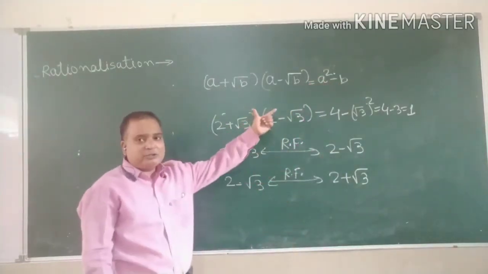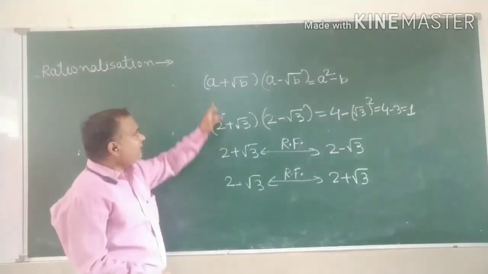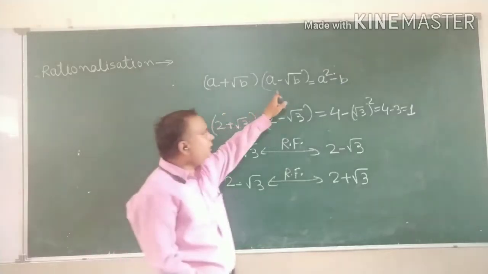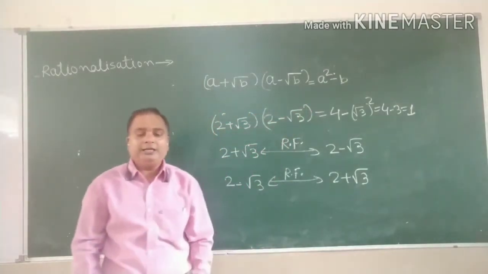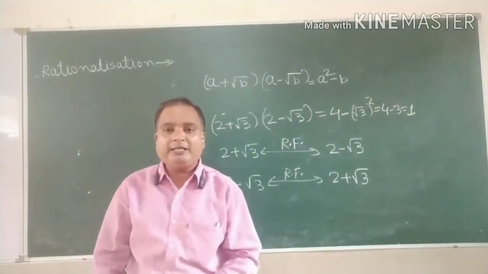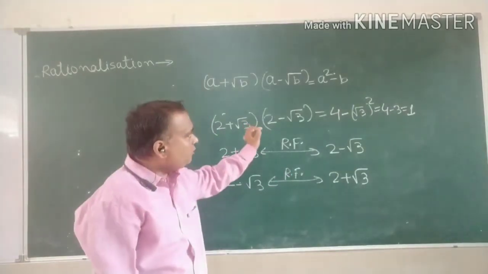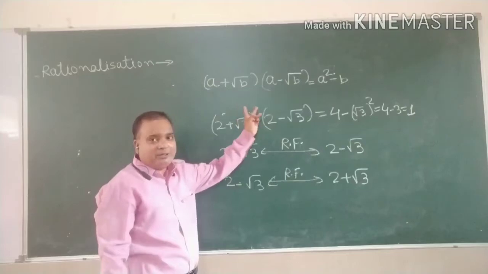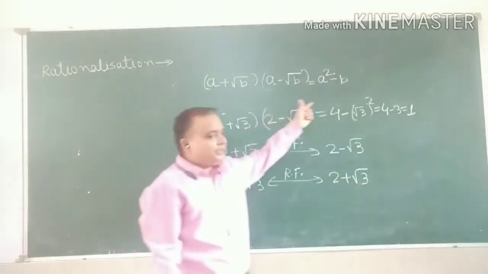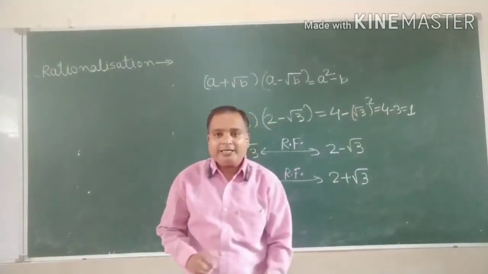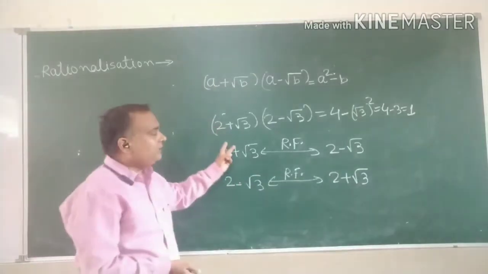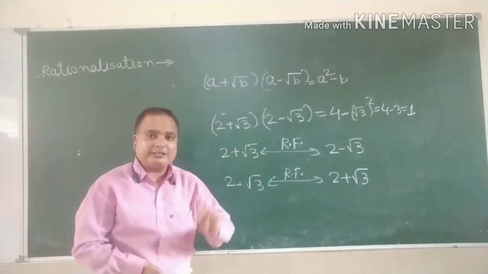Now how is the result a² − b? We know that it is the same as the identity (a + b)(a − b), and we know that (a + b)(a − b) is equal to a² − b². So here I multiply two irrational numbers, but the resulting number is rational. So we can say by the rationalization process we convert two irrational numbers into one rational number.